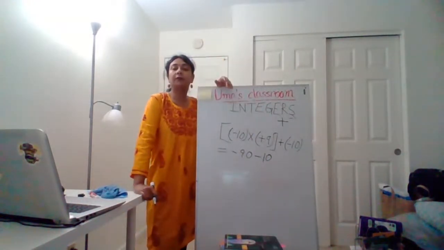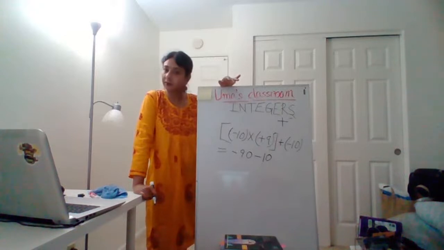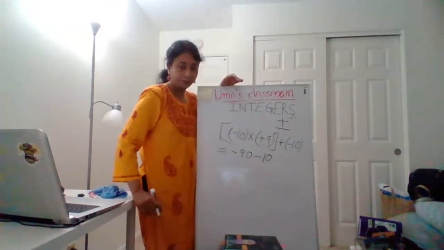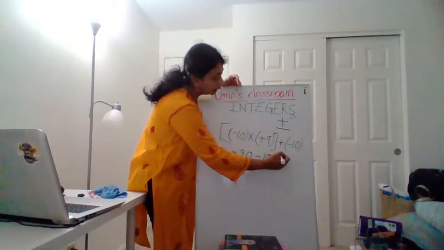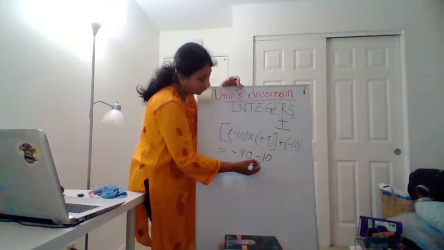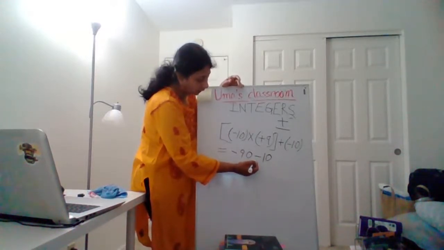And when you have different signs, negative, positive, or positive, negative, whatever it is, you have to end up with a negative sign. As here I can clearly see the first one is positive and the second one is negative. So as a result, I am getting a negative sign over here.